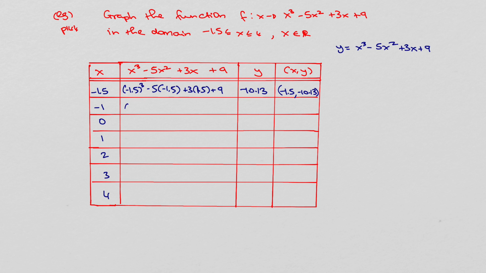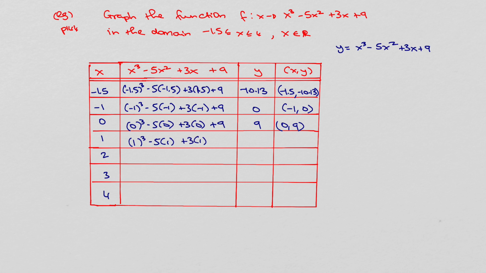If I then sub in for minus 1, I get my output is 0. If I sub in for 0, I get 9. If I sub in for 1, I end up with 8.